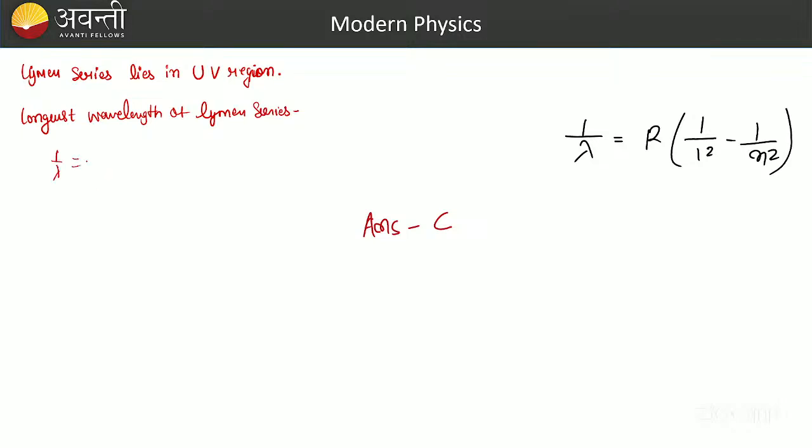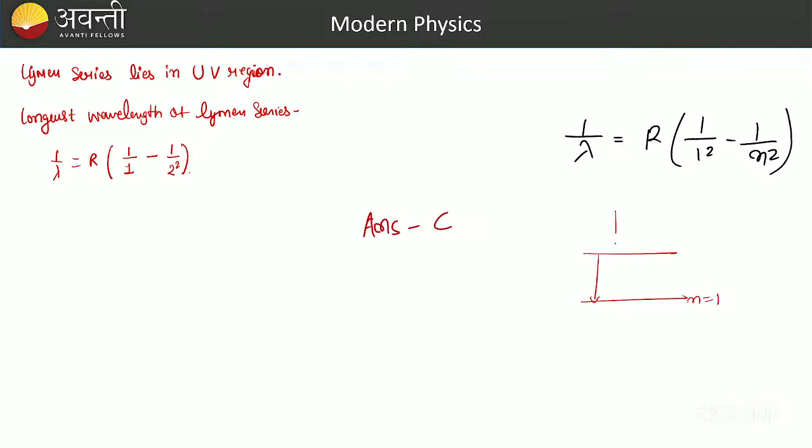1 upon lambda equals R. Now, in place of n1 you should always place 1 for Lyman, but for the longest wavelength you should place n2 equals 2 here, because this is the Lyman series for n1 equals 1.